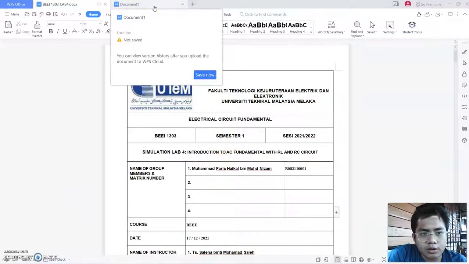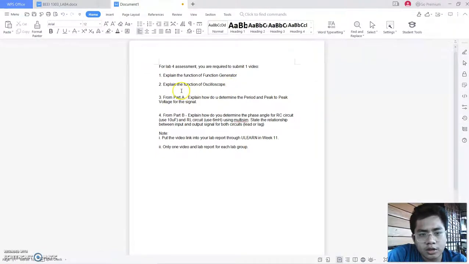So for the lab assessment, here are the questions. For the first question, explain the function of the function generator. A function generator is a signal source that has the capability of producing different types of waveform as its output signal.